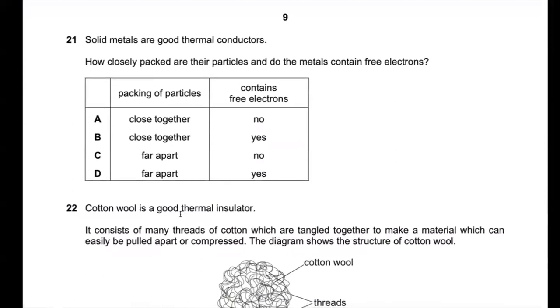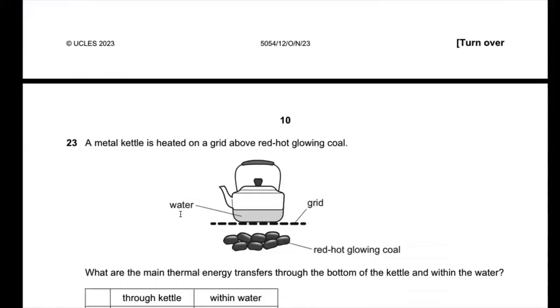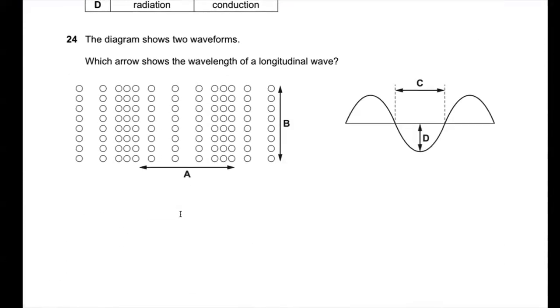Let's now have a look at this, which is also easy. Which arrow shows the wavelength of a longitudinal wave?